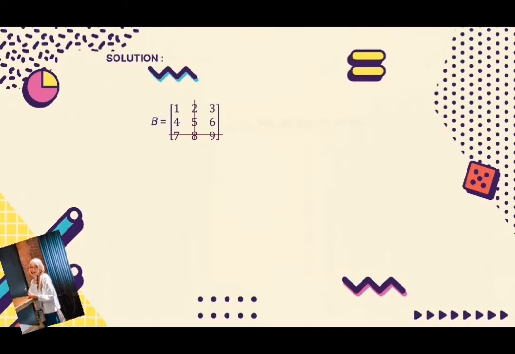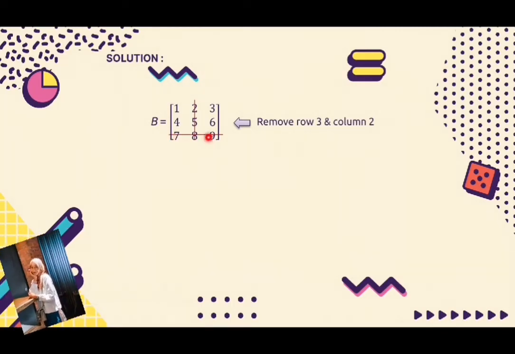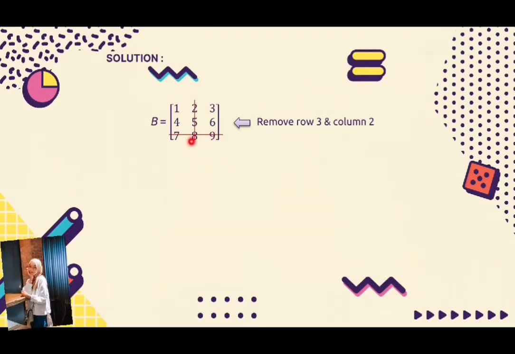First, find its minor. Since the question is asking for cofactor B3, 2, we have to remove row 3 and column 2.